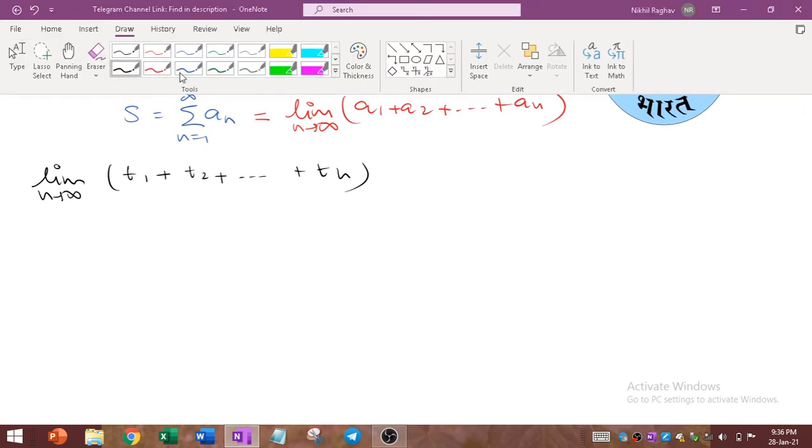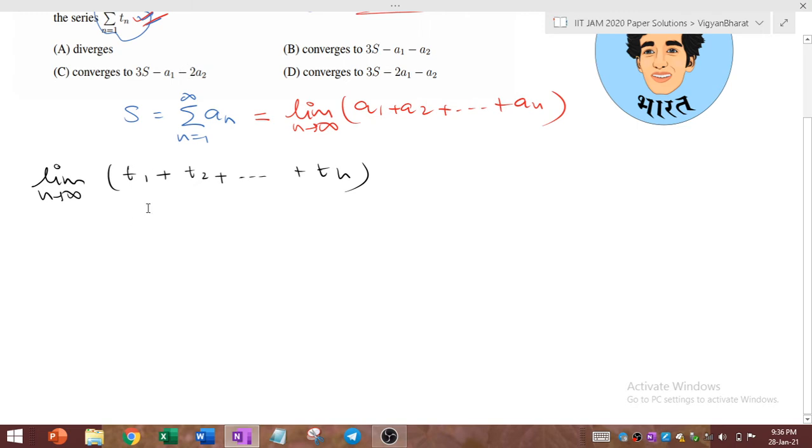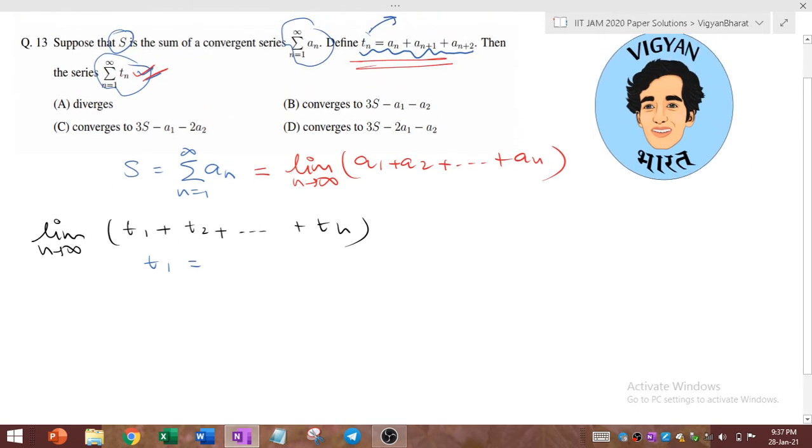Here I am going to calculate the sum in this particular order. From this formula, T1 is given by A1 plus A2 plus A3. T2 is given by A2 plus A3 plus A4. Likewise, you can proceed and see T3 is given by A4 plus A5 plus A6.